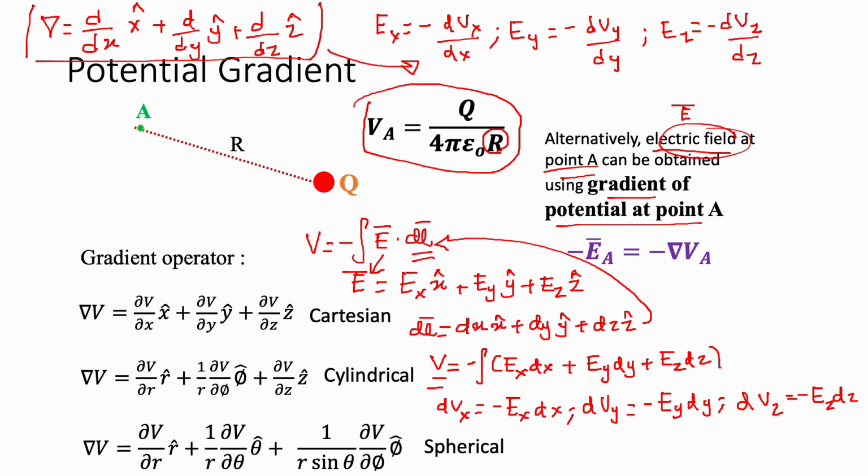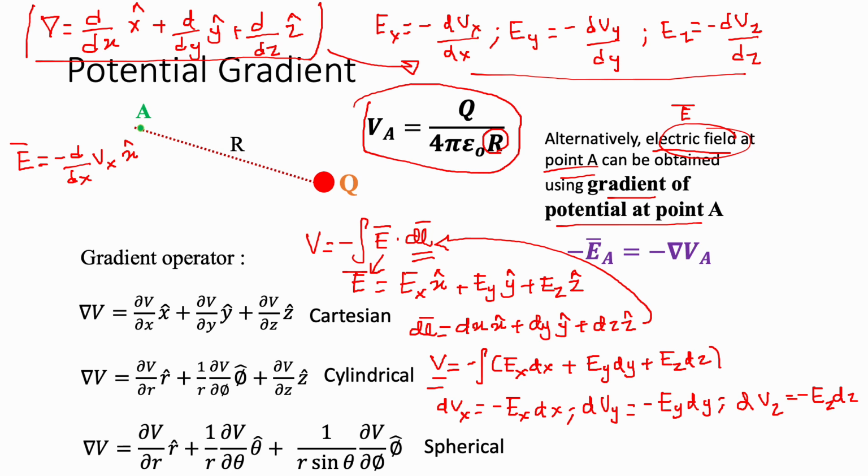So we can rewrite our E. We combine all of this, it will become d over dx vx, in the x direction of course, plus negative, it will become negative.